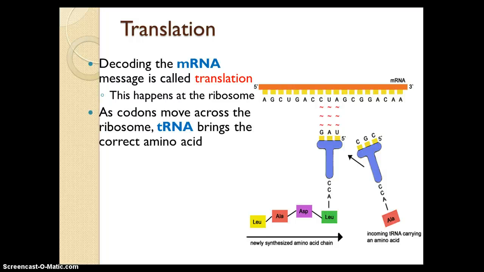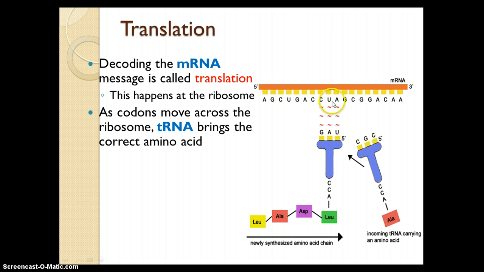So as codons move across the ribosome, tRNA brings the correct amino acid. So this picture isn't great because it doesn't show you the ribosome, but this mRNA is sitting on the ribosome, and you'll see a better picture of this later. But this mRNA is sitting on the ribosome, and it's getting read.